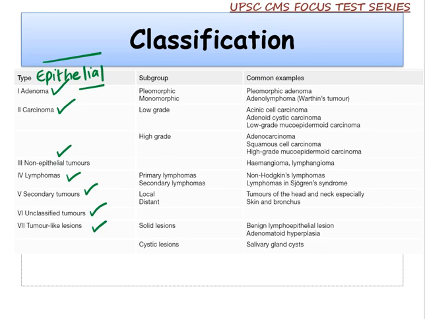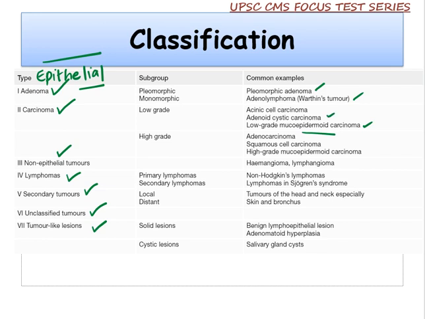Always remember, benign tumors are far more common compared to malignant tumors. And the two classical examples of the benign tumors, as you can see from the list, are pleomorphic adenoma and Warthin's tumor, which we will discuss in detail. And the two important carcinomas which I will be discussing are mucoepidermoid carcinoma and adenoid cystic carcinoma.